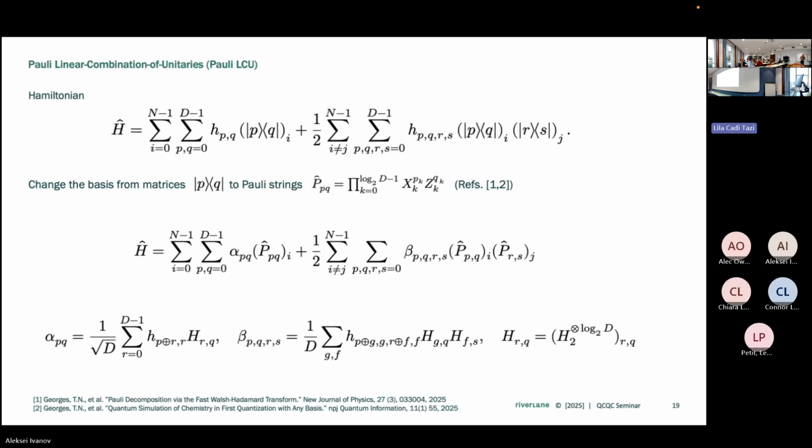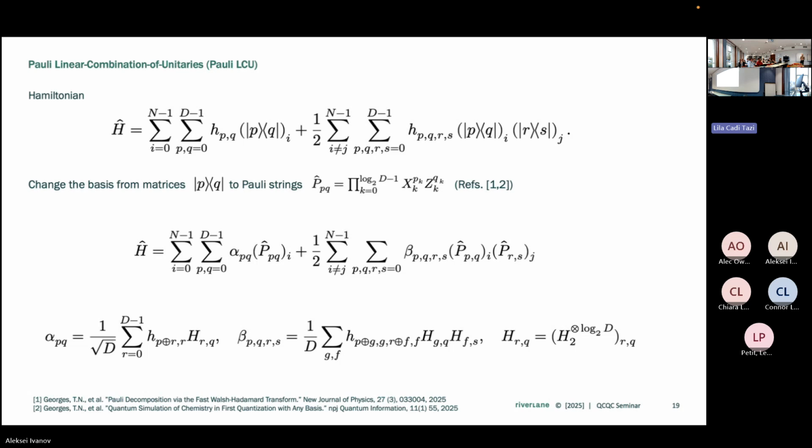Do you think in that setting there could be a mapping that has the same effect? Yeah. If you prepare your state, which is antisymmetric, and then you apply the time evolution operator, then the state will still be antisymmetric. But then the question is what you do with the initial state preparation. It's an open question, I think.